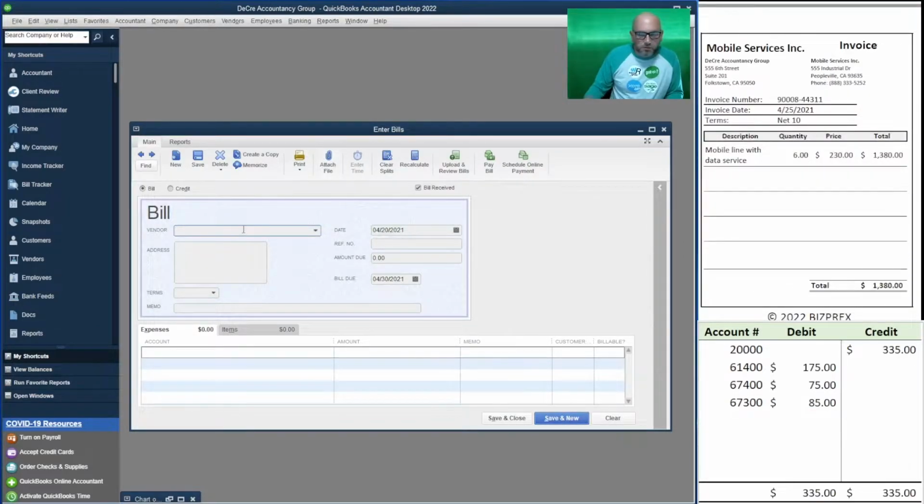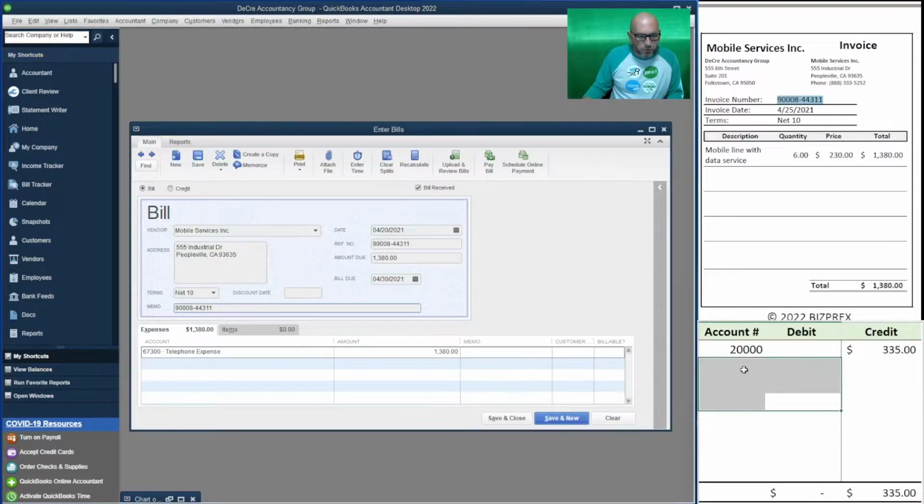All right, last one is mobile services. Telephone expense right here. Pretty straightforward. There it is.